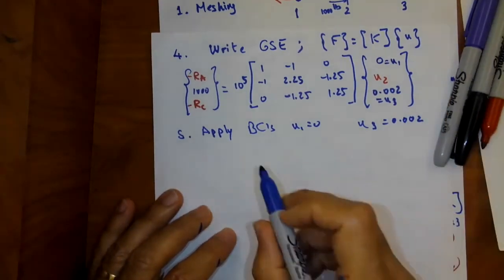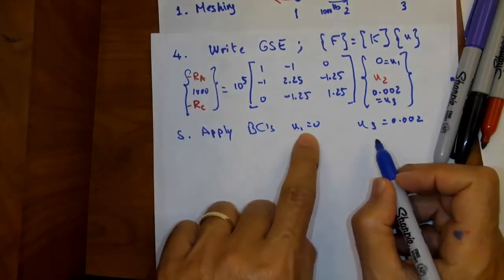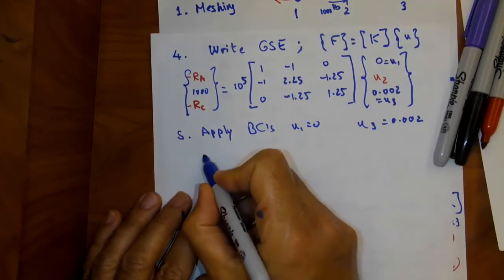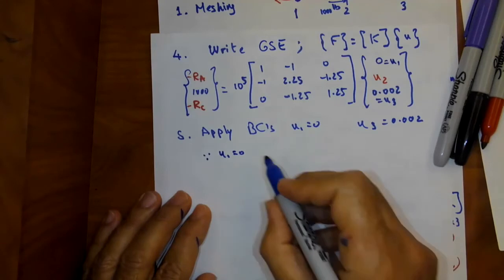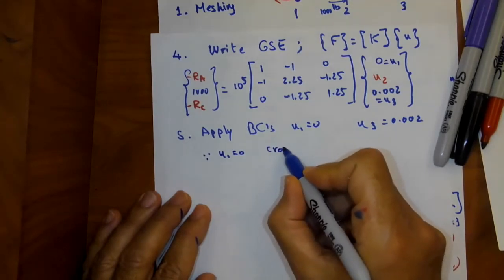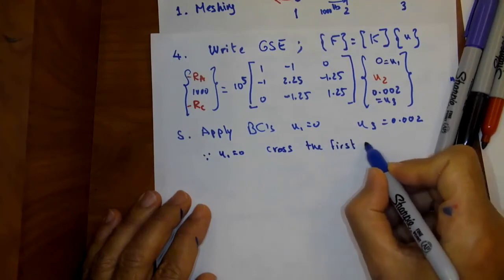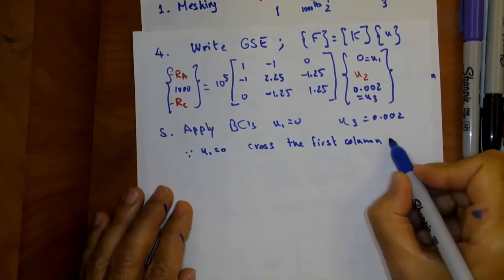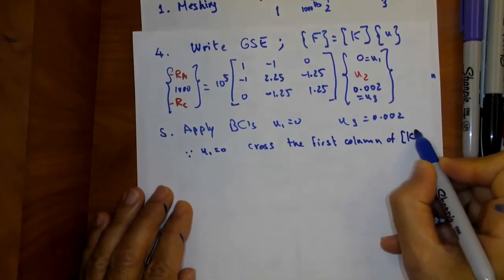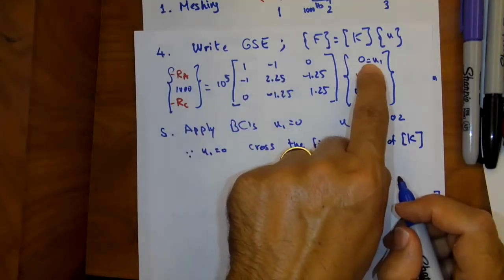All right. So now when I apply the boundary conditions, how do I solve? Because U1 is 0, I can cross out the first column of K, because this is all going to be multiplied by 0, right?